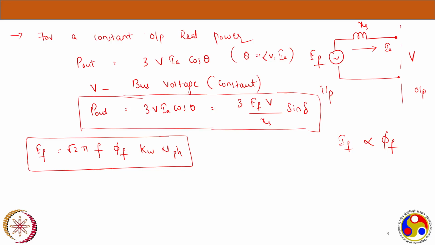If you observe the rest of the terms, they are constants. So if my field current is varied, the induced EMF in the generator will change.